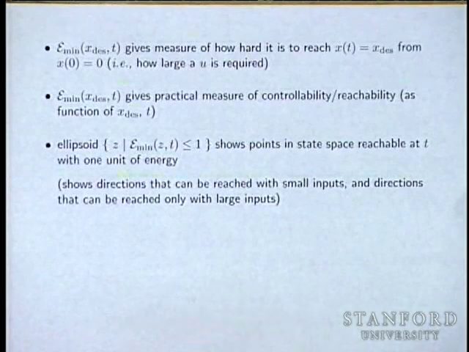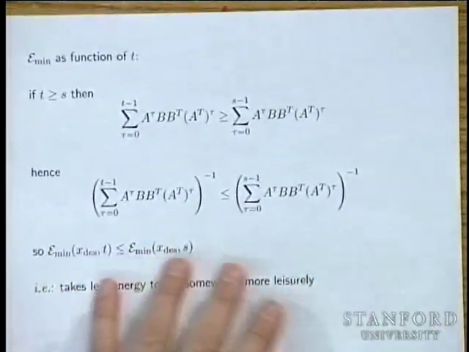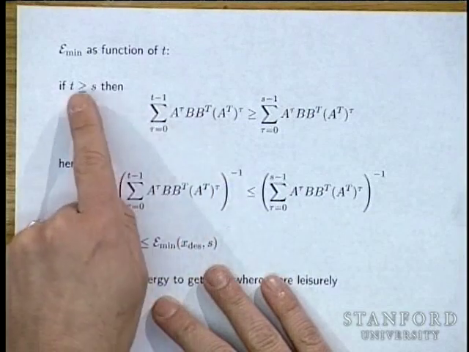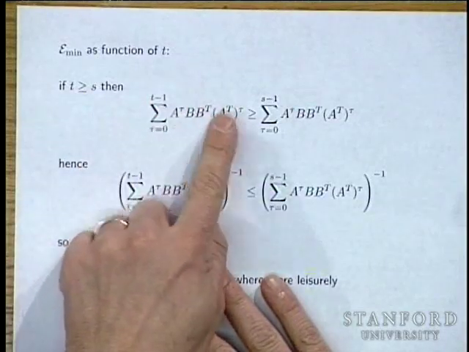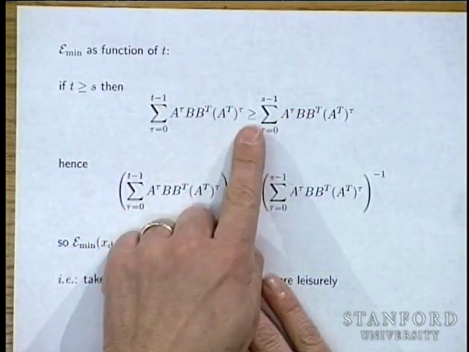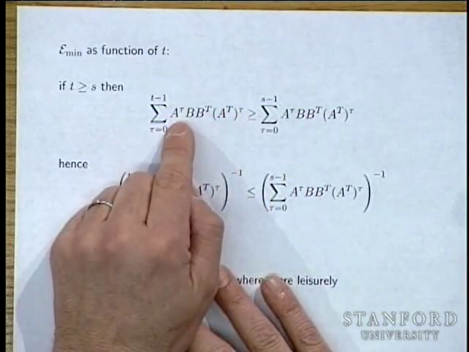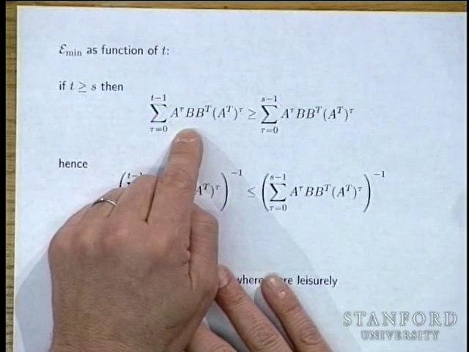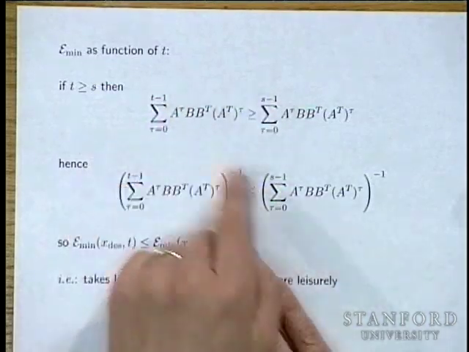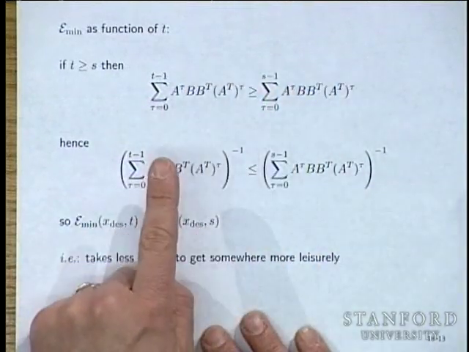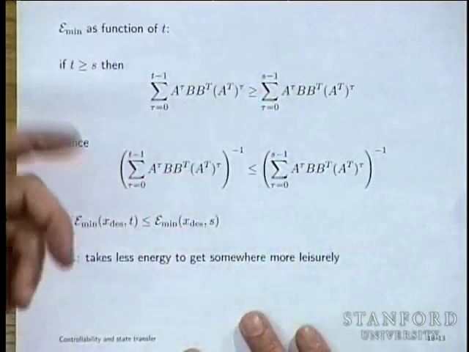Let me explain that. Or actually, let's go through the math first, and then I'll say a little bit about how this works. So as I said before, if I have t bigger than s, then this matrix inequality is bigger than that one, because the difference between the two is the sum of a bunch of terms of the form FF transpose between time s and t. Now you know that if one matrix is bigger than another, the inverse actually switches them.